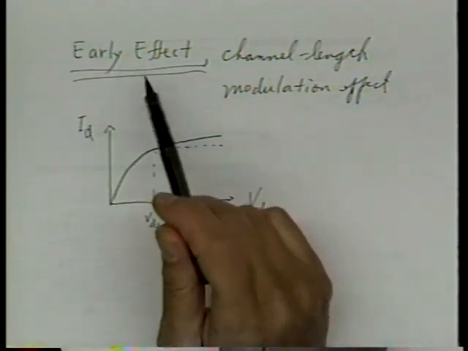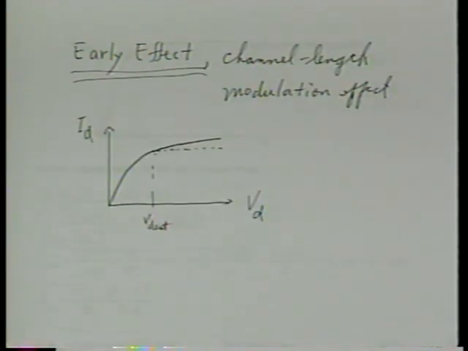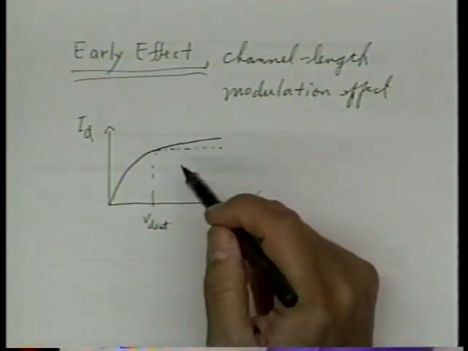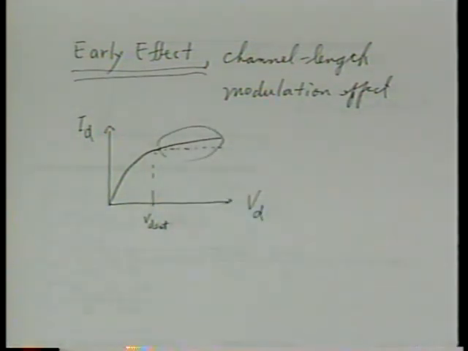So when Dr. Early first introduced this early effect concept, he correctly presented the physical phenomenon or explained the physical mechanism for the bipolar transistor's early effect. He did not claim credit to explain this non-saturation for the MOS transistor IV.